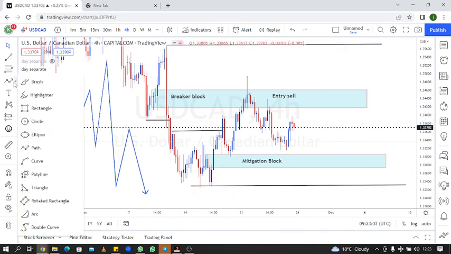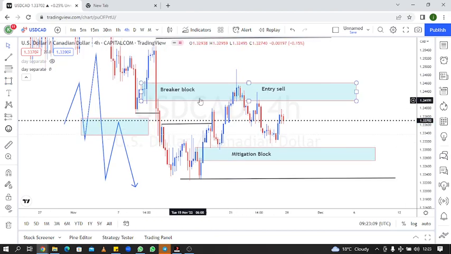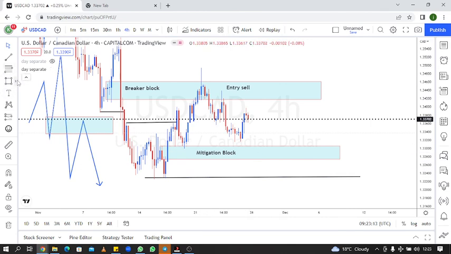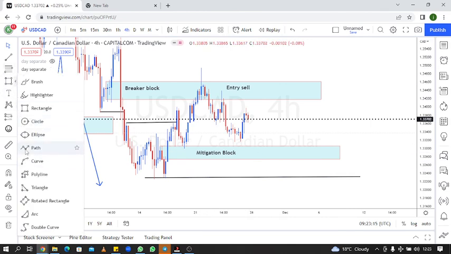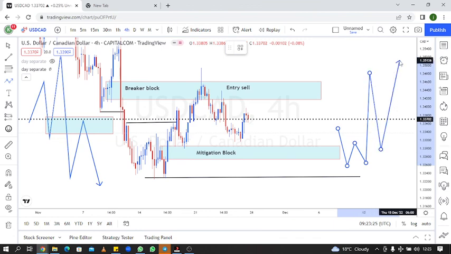So this was our breaker block when it tapped it. So this was the example of a breaker block here. Then for this one, for the mitigation block, you see the market came up, failed to break, then broke up, then came back and pushed up.